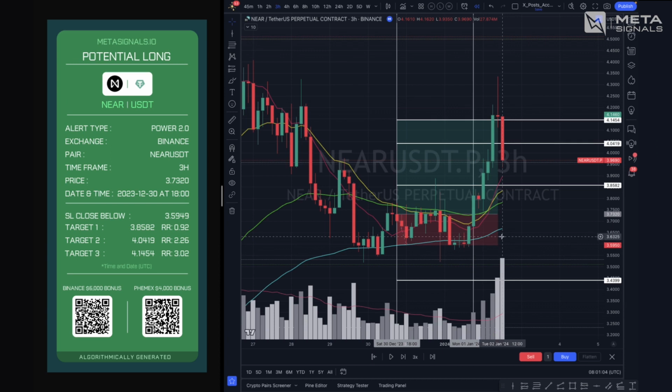If it is going to take off, you're usually not going to get a chance to come down and grab an entry at the SMA 9 once it's ready to go. So that could have been a secondary trade right here. Or if you had survived this price action, boom, you got 3.02 RR. Came rather quick once it decided to go.